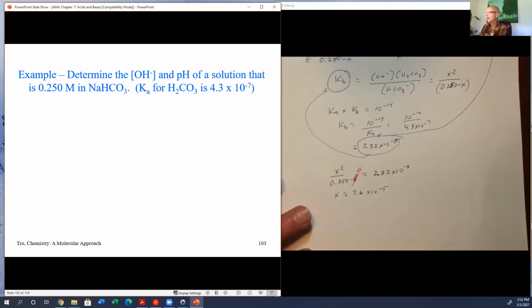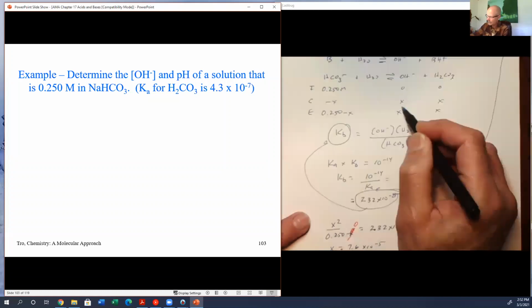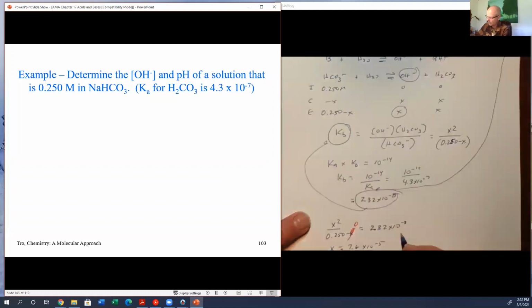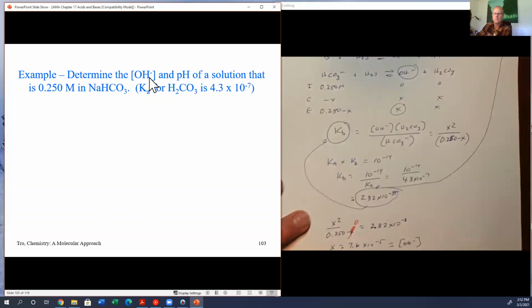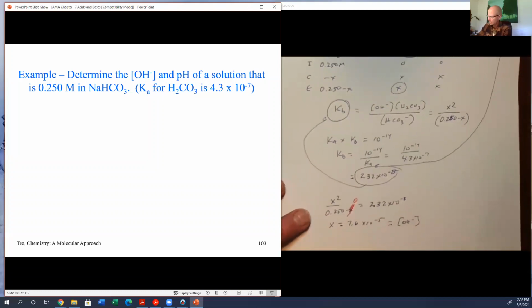Now I go back to my ICE table and I see that x is equal to the concentration of OH minus. That's one of the things it was asking for. So there's one of my answers.